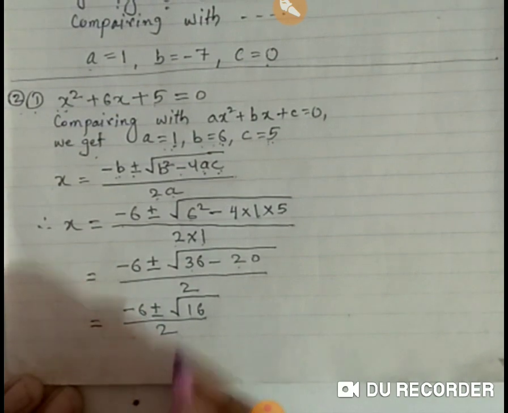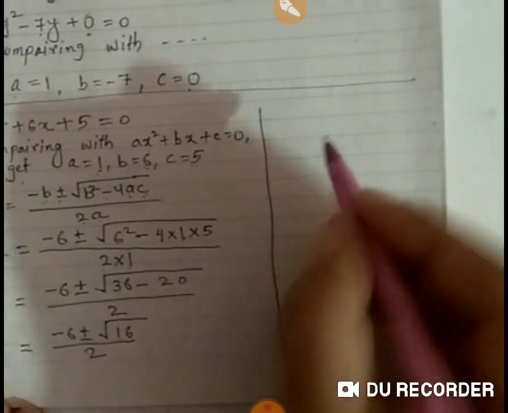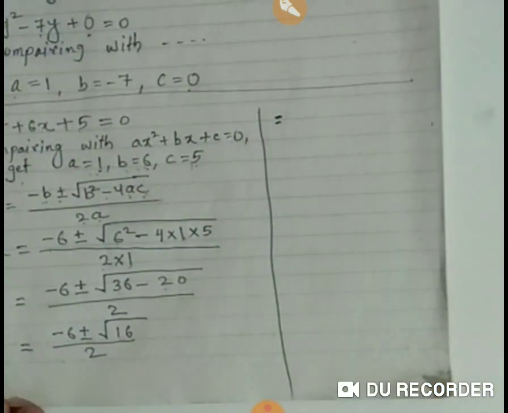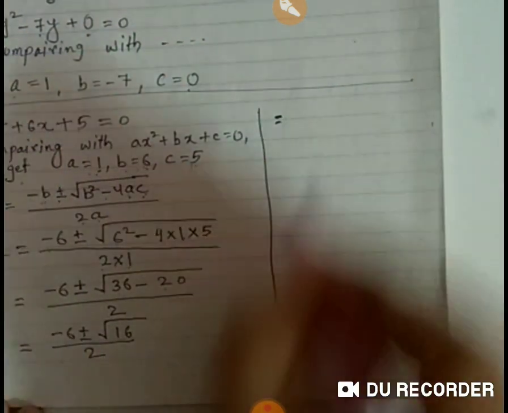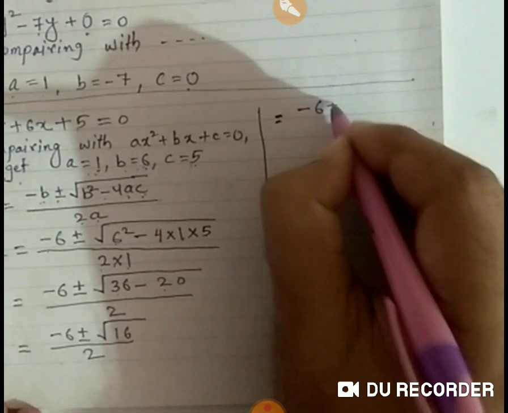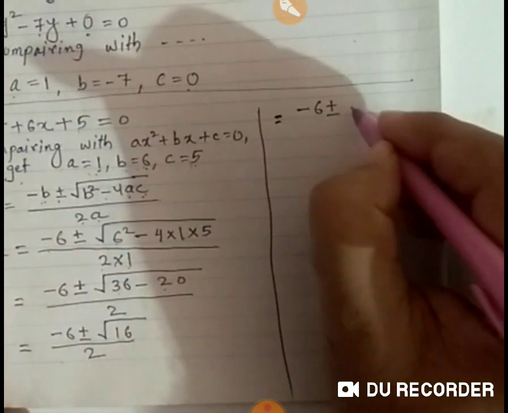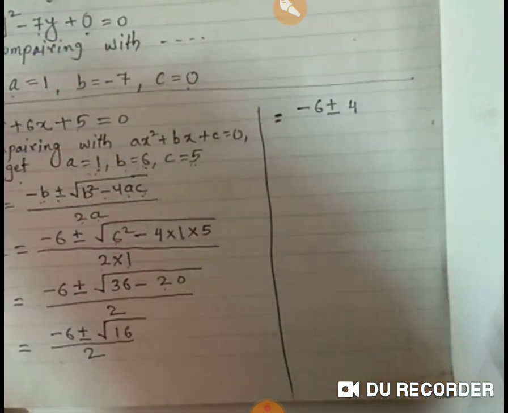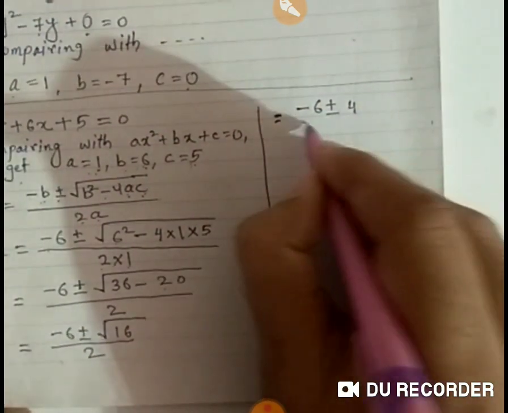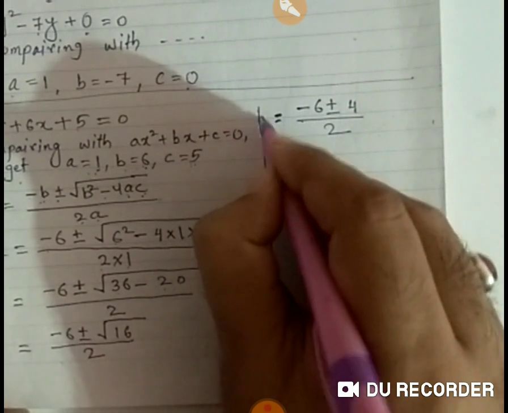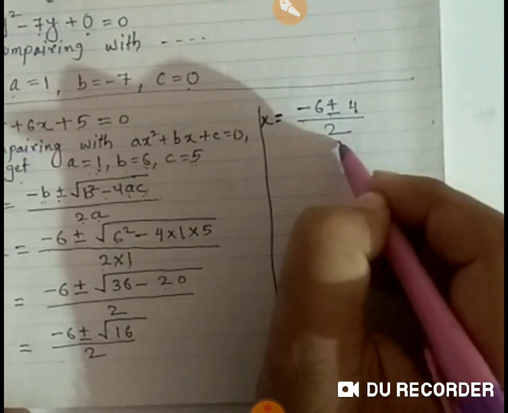Upon 2. Now minus 6 plus minus root 16 is 4, because 16 is a perfect square of 4. So instead of root 16 I can take 4, upon 2. So this is the value of x: x equals minus 6 plus minus 4 upon 2.